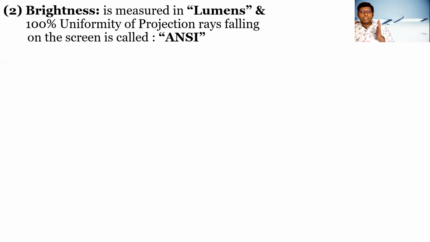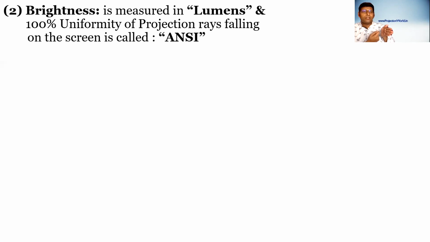When a projector is doing the projection, suppose this is the screen, divided into 9 segments, 9 parts. In those 9 parts, you can measure it with a lux meter.